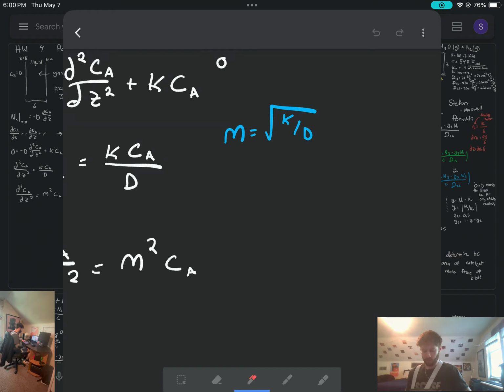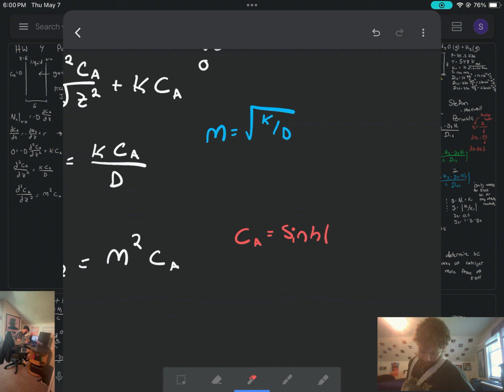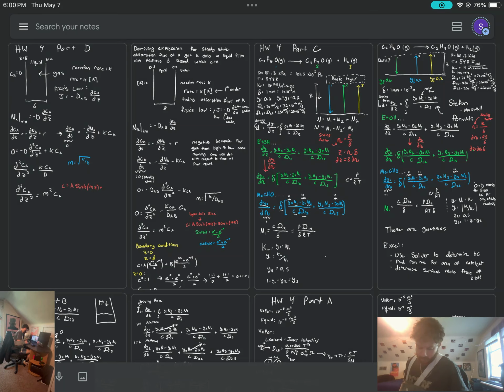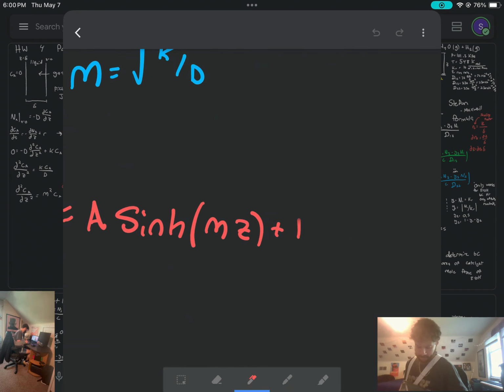Rewriting this, we'll say that our concentration is equal to a constant A times the hyperbolic sine of our constant m times our position z, plus a constant B times our hyperbolic cosine of mz.